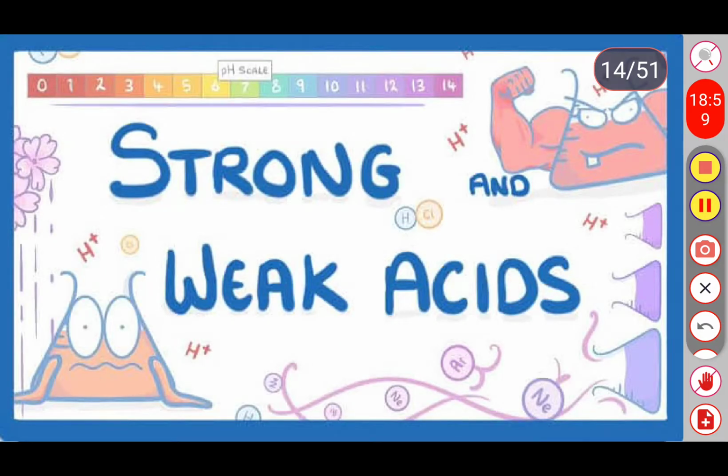The next type of classification is strong acids and weak acids. Strong acids and weak acids are classified on the basis of the amount of hydrogen ions released when dissolved in water.